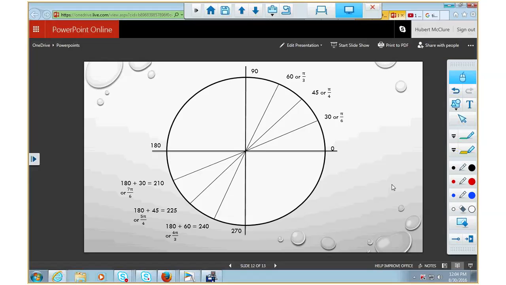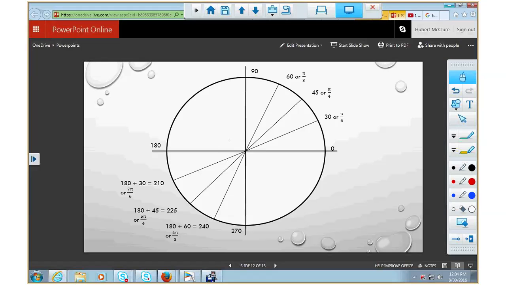Now, how would you do the second and fourth quadrant? Well, the second and fourth quadrant, what's 180 minus 30? So that would be 150. What's 180 minus 45? And then what's 180 minus 60?